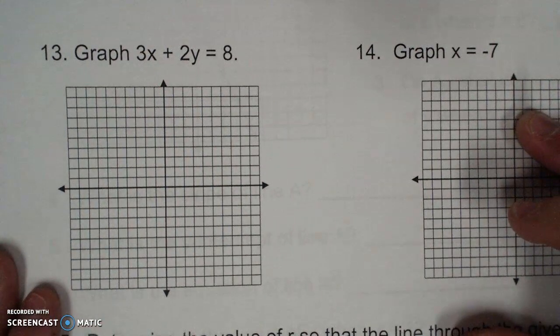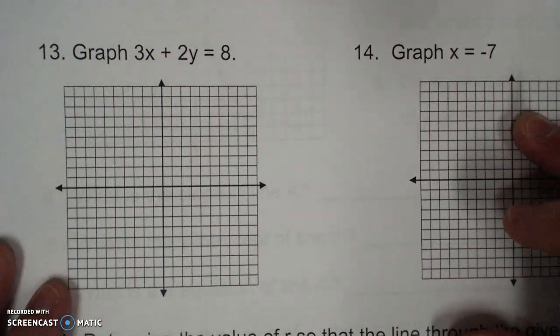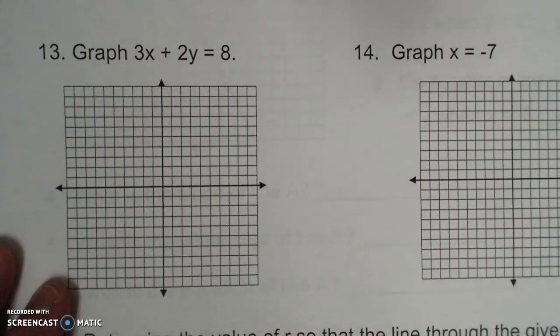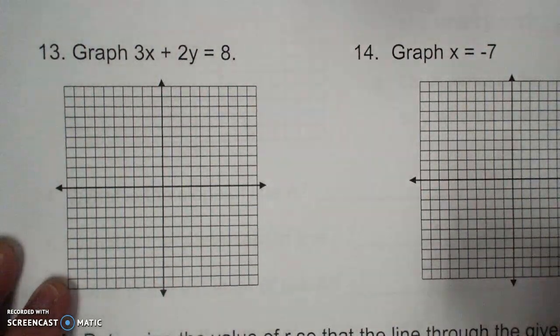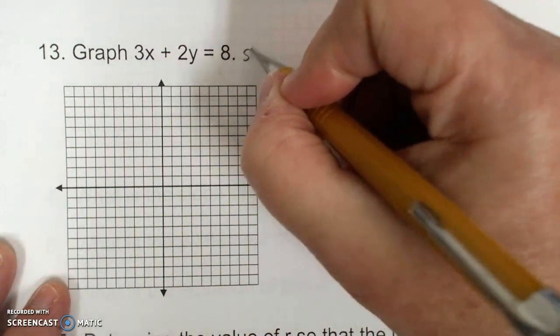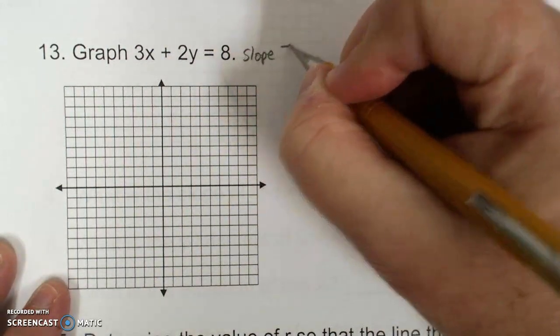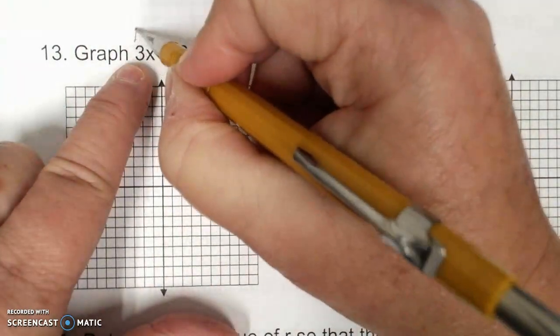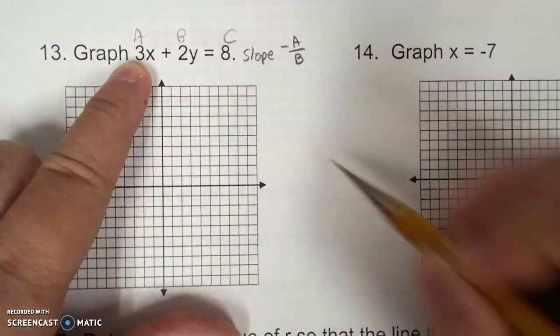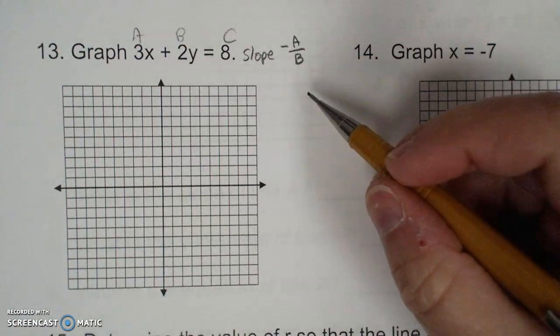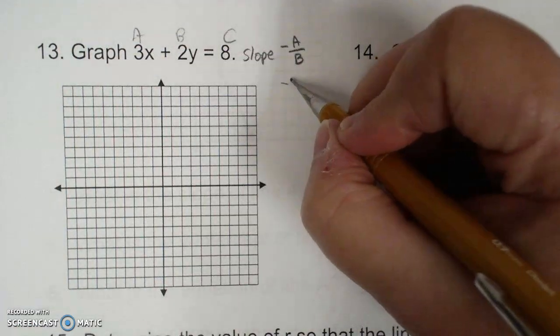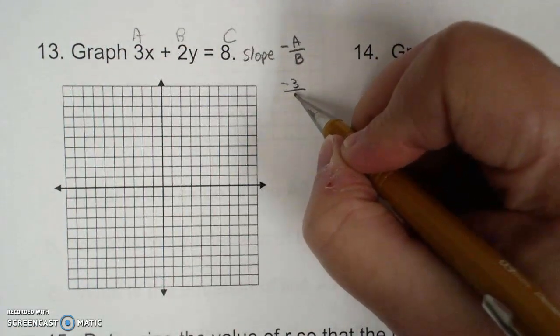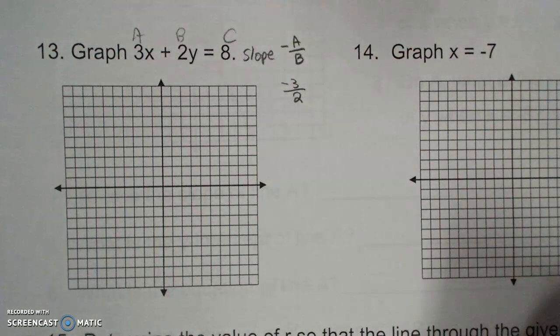Graph 3x plus 2y equals 8. I'm going to do it 2 different ways. Remember that the slope in standard form is the opposite of a over b, and well, this is a, this is b, and this is c. And so the opposite of a is -3 over b, which is 2.